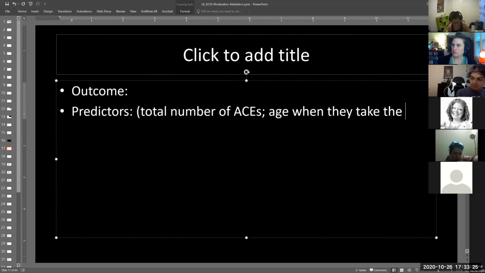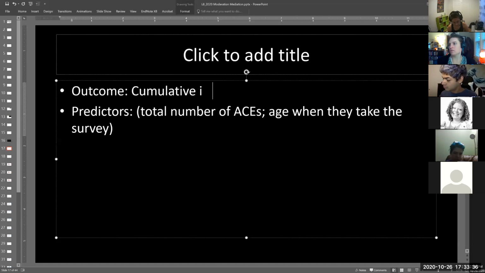And the outcome was the cumulative impact of their adverse childhood experiences. How is that quantified? I forget. What does that represent? I think it's 0 through 4 for each individual item, and then they get a total score at the end of the survey.